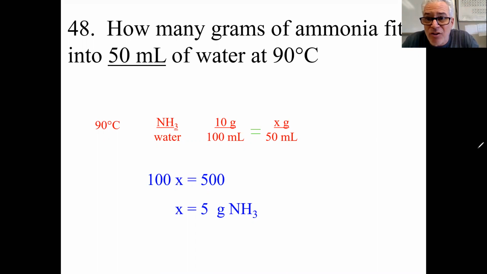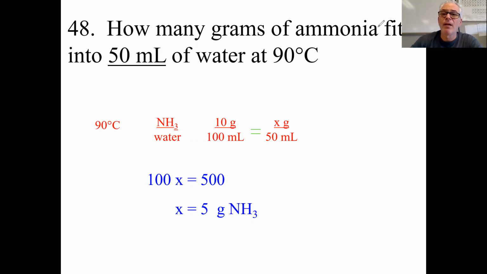That's maximum saturation. But what if we had a smaller solution? You probably do it in your head, right? But this is how you do it. You cross multiply, 100x equals 500, and then you divide: x equals 5 grams. And that makes sense. If you have a 100 mL solution, 10 grams fits in. If you have half of that, well, half as much ammonia fits in. So that's how that works.